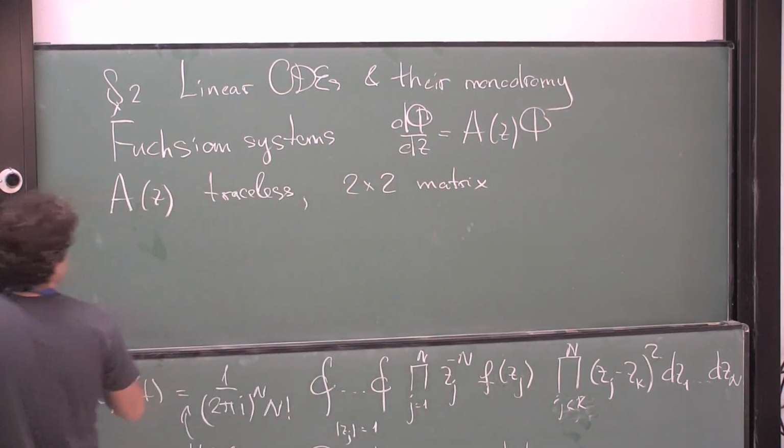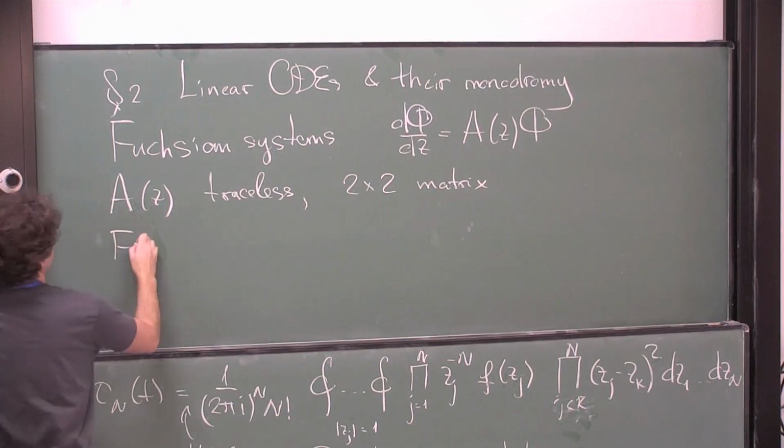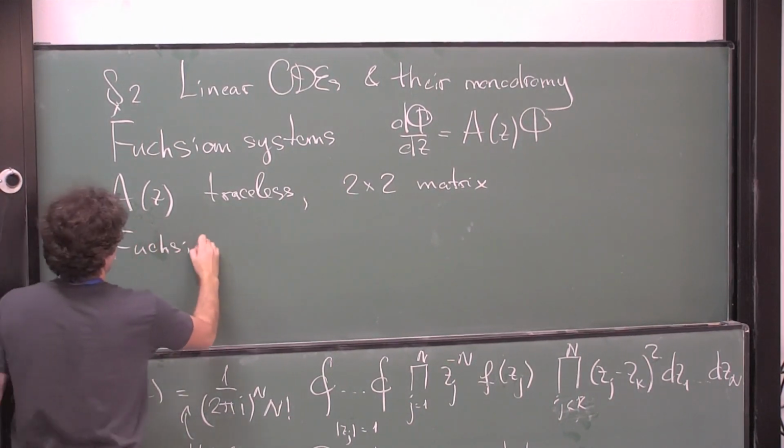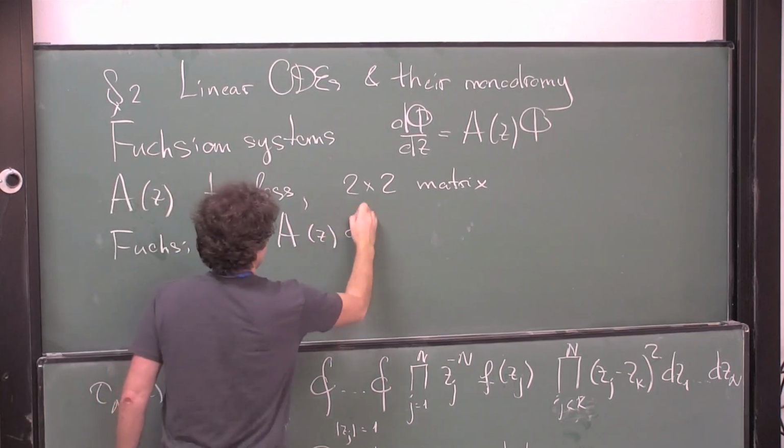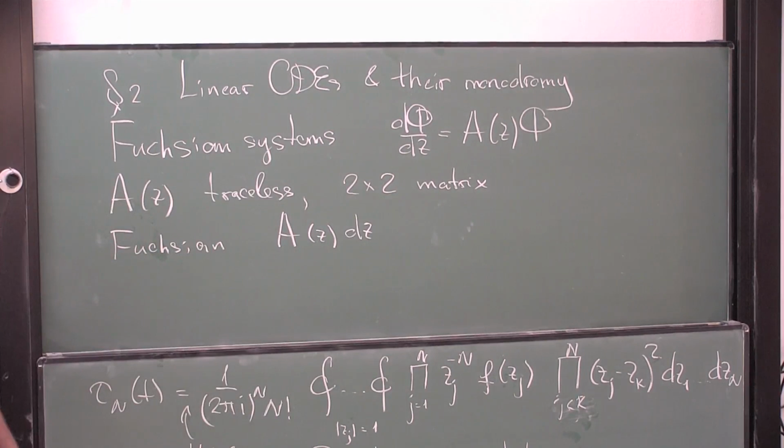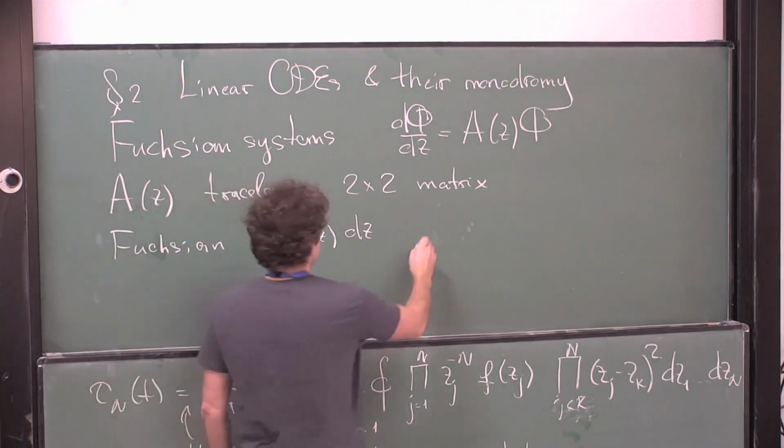And the word Fuchsian means that the form A of z dz has only simple poles on the Riemann sphere.